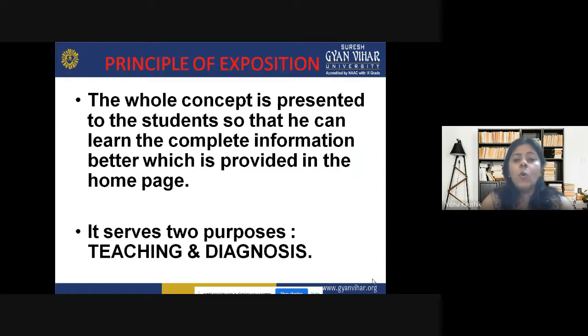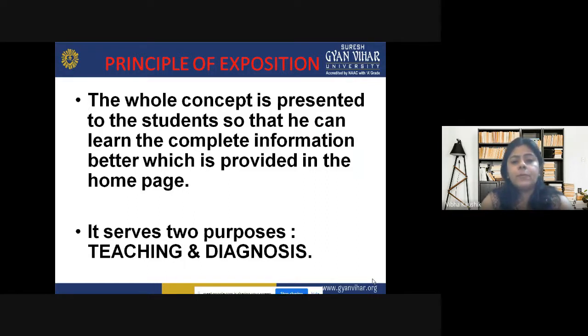It means the whole subject matter, concept and information is presented to the students so that they can learn the complete information better, which is provided in the home page. The complete information about the concept, topic or subject matter is provided to the learner in the home page by the programmer.